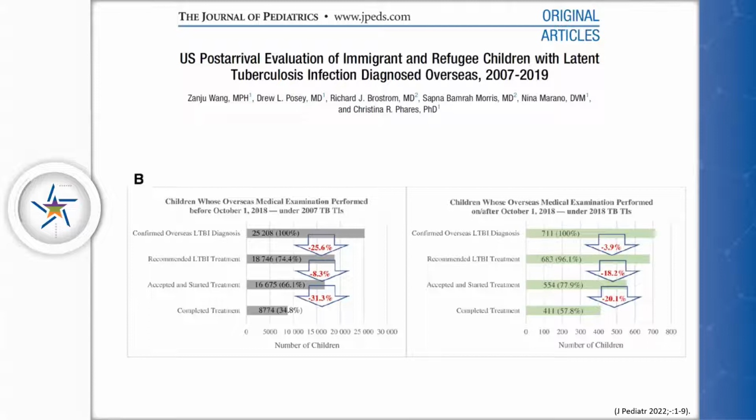This is very different in different populations. Children under a year of age, 50% chance of progression. Children who are 1 to 2 years old, 25%. It goes down as they get over 5, but treatment for LTBI in young children especially decreases their lifetime chance of progression to active disease.